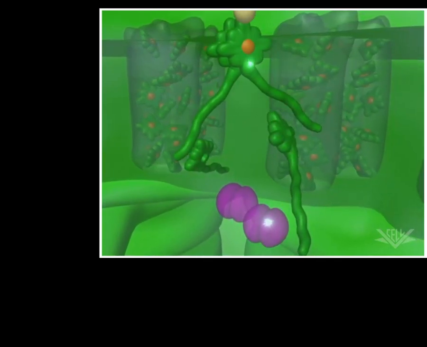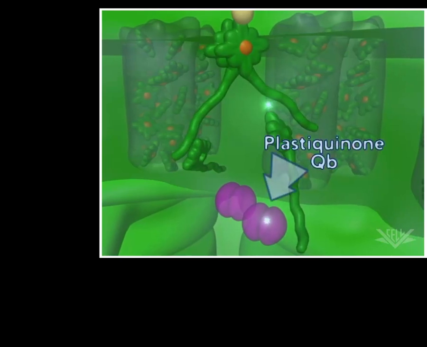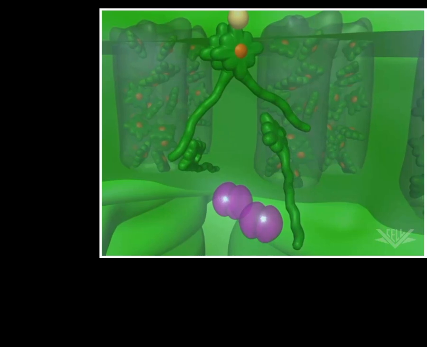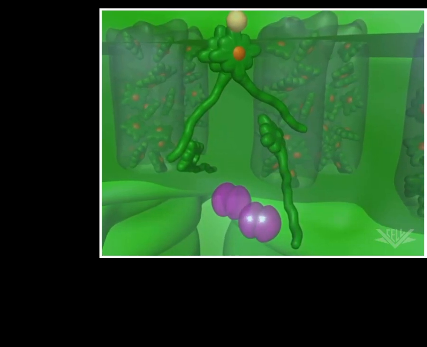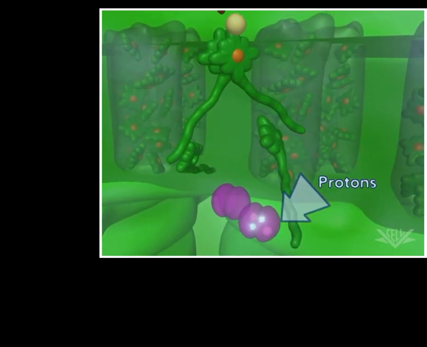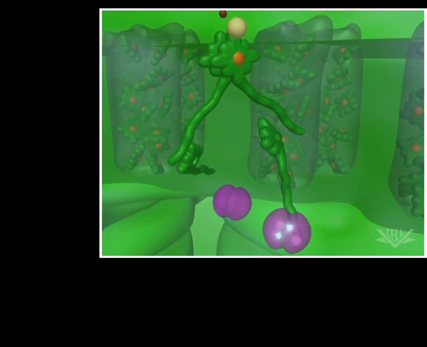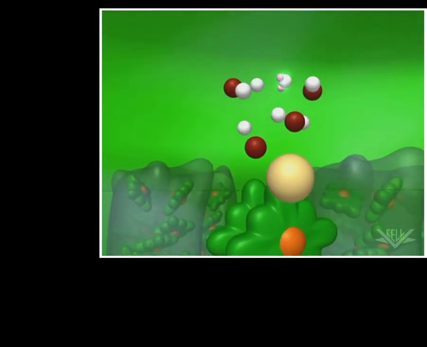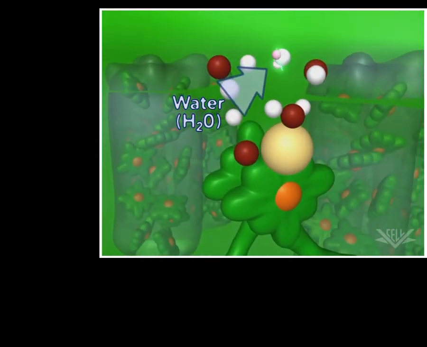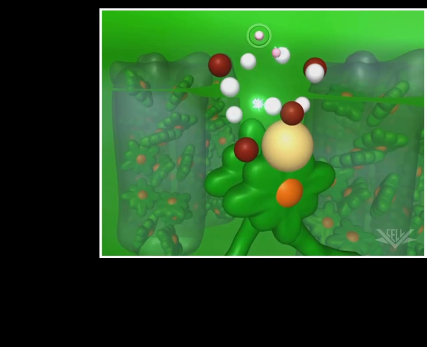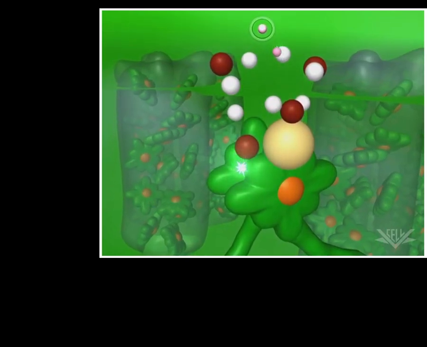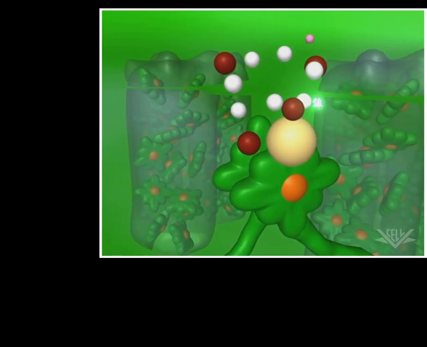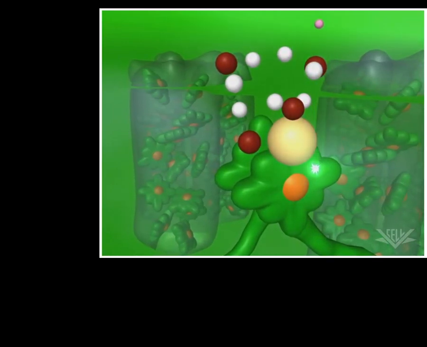Once excited, 2 electrons are transferred to plastoquinone QB, the first mobile carrier. In addition to the 2 electrons, QB also picks up 2 protons from the stroma. The 2 electrons lost from Photosystem II are replaced by the splitting of water molecules. Water splitting also releases hydrogen ions into the lumen. This contributes to a hydrogen ion gradient similar to the one created by mitochondrial electron transport.